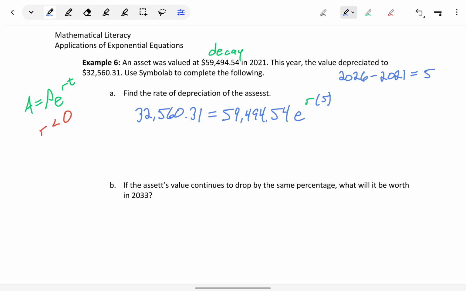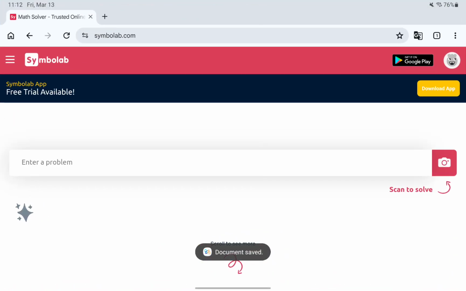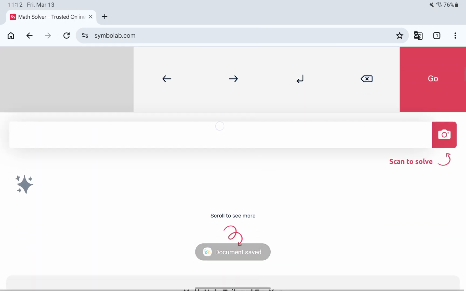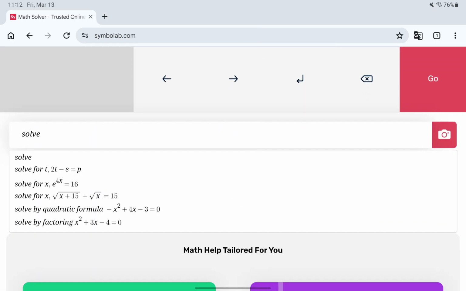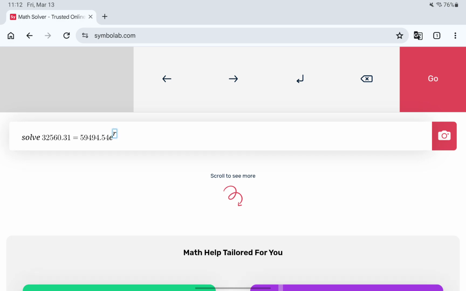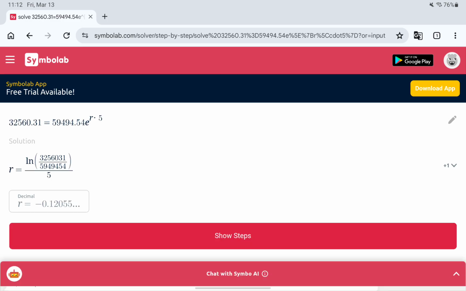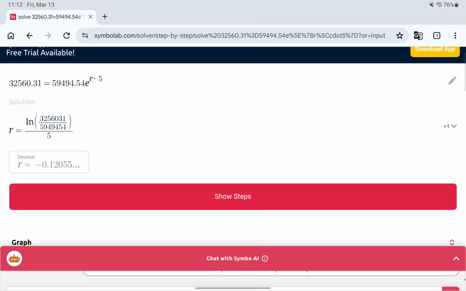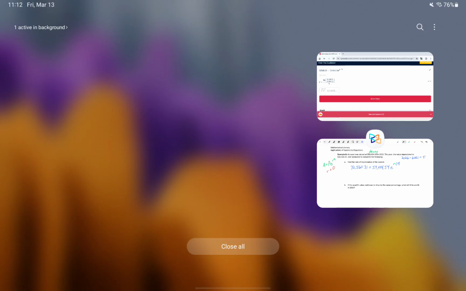Now that we've constructed an exponential equation, we can turn to Symbolab to solve that. And we end up with a rate of negative 0.12055.